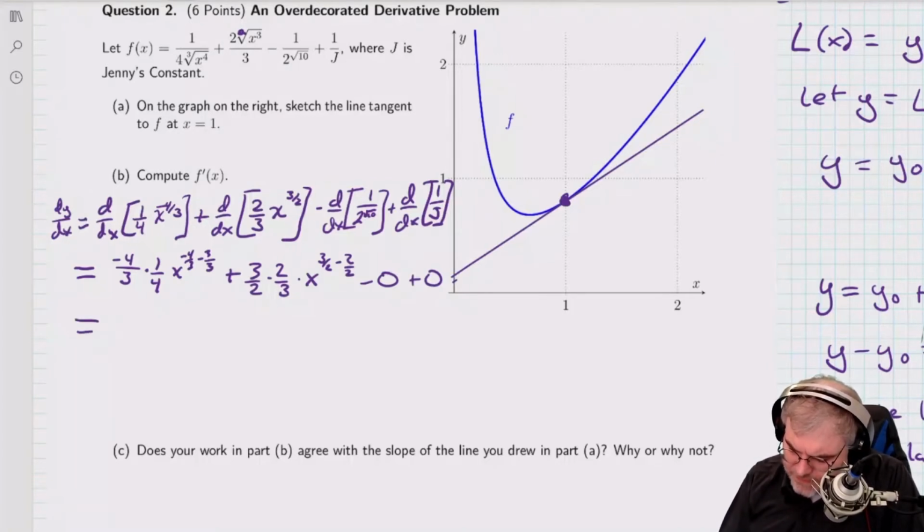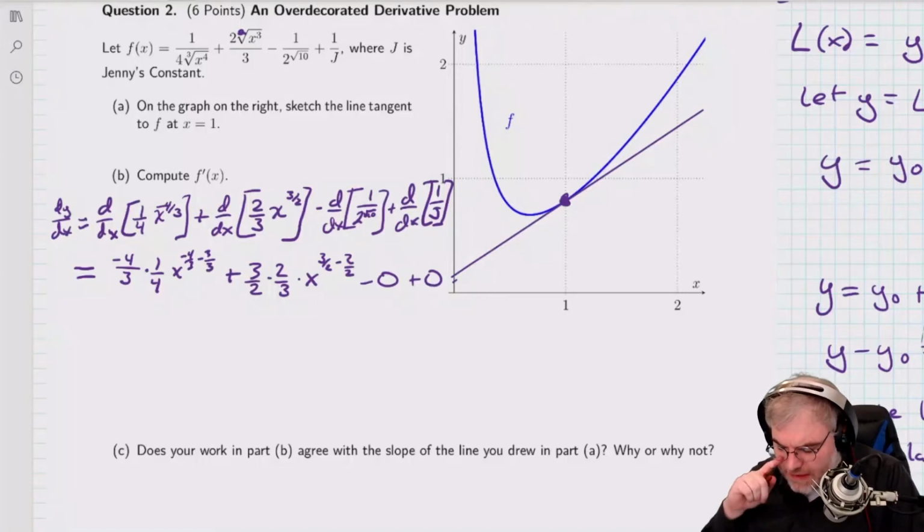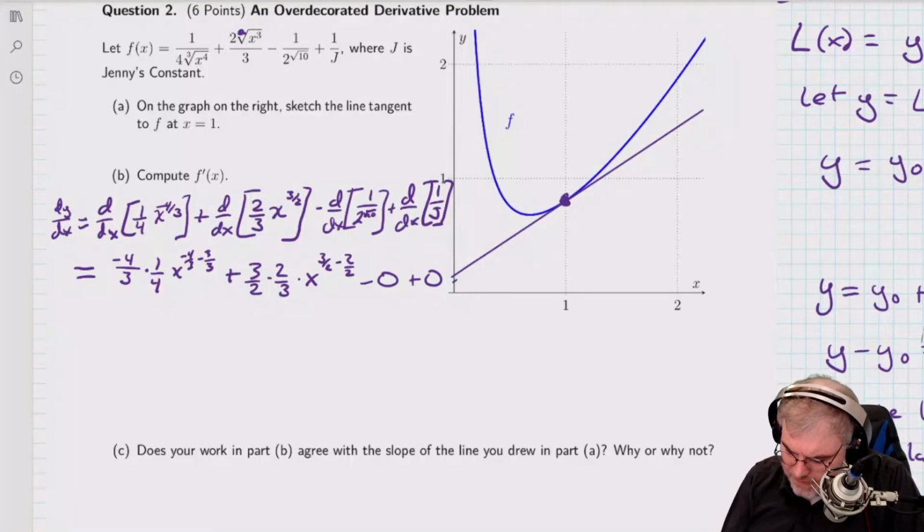So now I'm going to do a little simplification. My derivative is done here, except for the fact that I need to subtract my exponents. However, it's asking me if my slope that I get from part B agrees with part A, right? So I'm going to simplify this a little to make that calculation a little better. You don't have to do this.